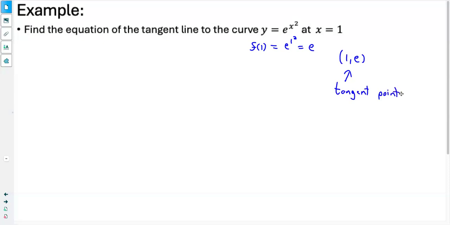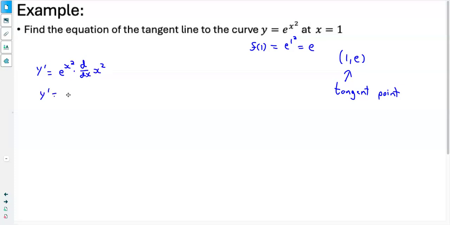We now want to find our slope. So we have y prime is equal to the derivative of e to x squared. So that's just going to be e to x squared times the derivative of that exponent of x squared.